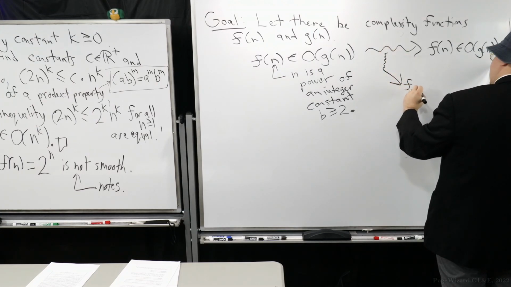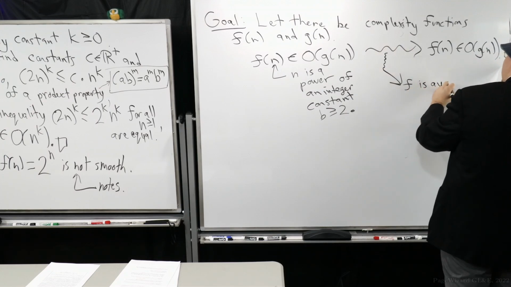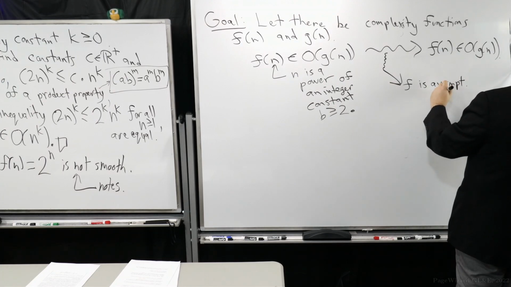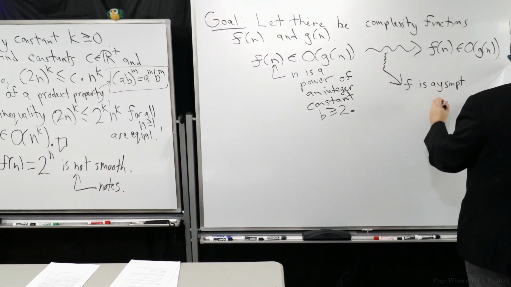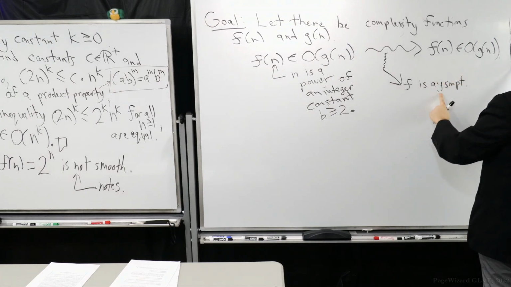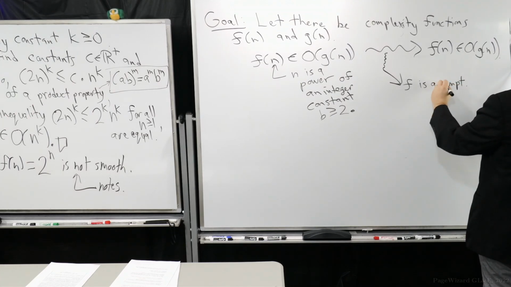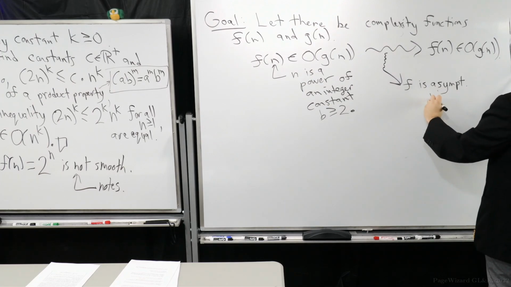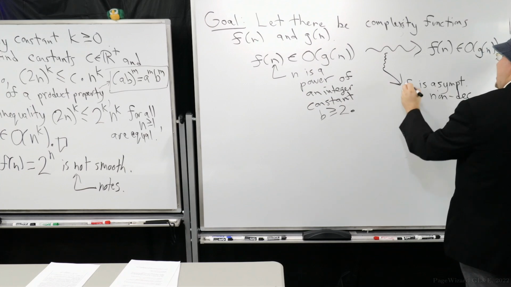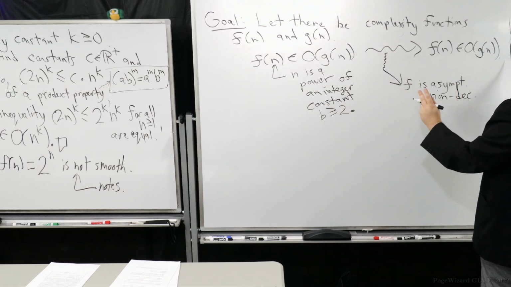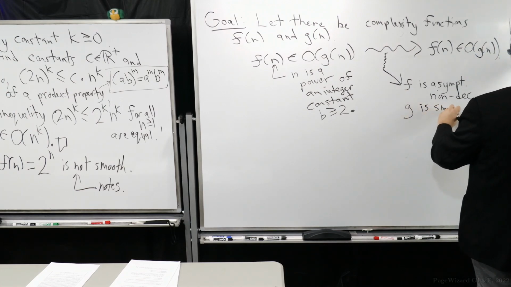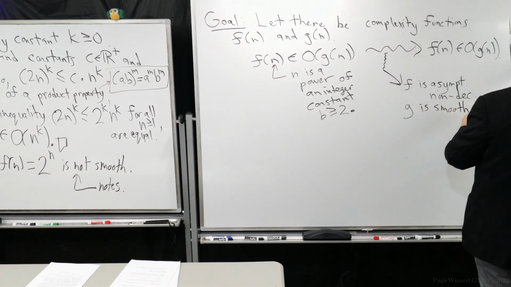Presuming that f is asymptotically non-decreasing, which I've defined already, and g is smooth, so as long as you have these two things in place.